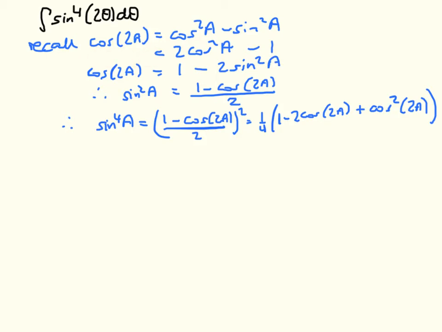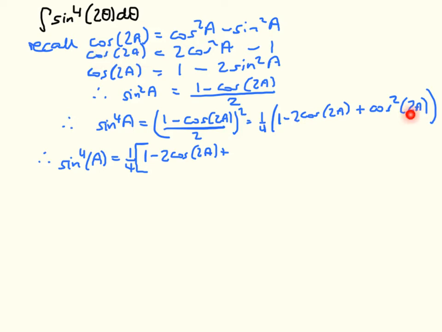So let me again put in the left-hand side. The cosine of 2a is this. So what we see is that the sine to the power of 4 of a is 1/4, open brackets, 1 minus 2 cos 2a, and then we have the cosine squared, and we look back at this equation here. 2 times the cosine squared is cos 2a plus 1, taking this over here, so the cosine squared can be written as cos of 2a plus 1 all over 2.